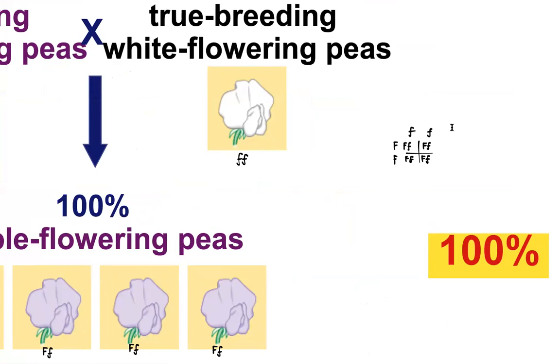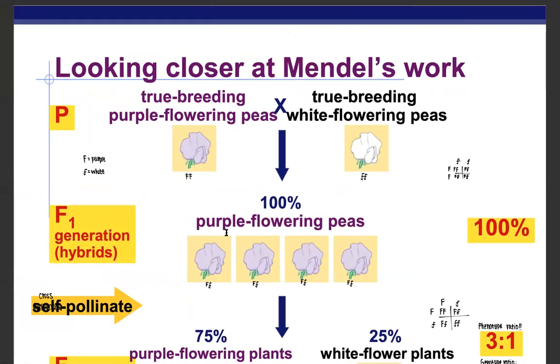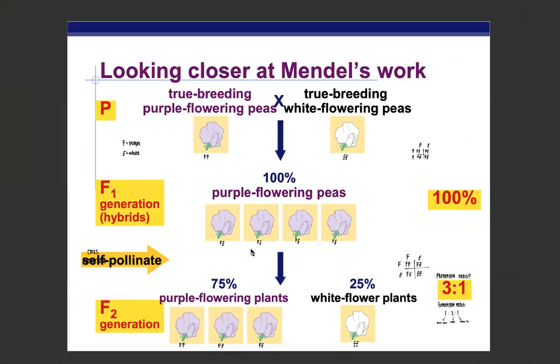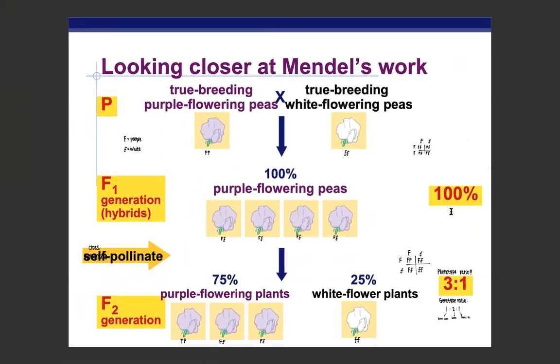However, since the purple flower is dominant, this is the trait that's expressed. So they're all going to be purple flowered plants. That's what we see in the F1, and we write it as 100% of the plants are heterozygous, so capital F, lowercase f, and 100% of the plants are purple flowered.